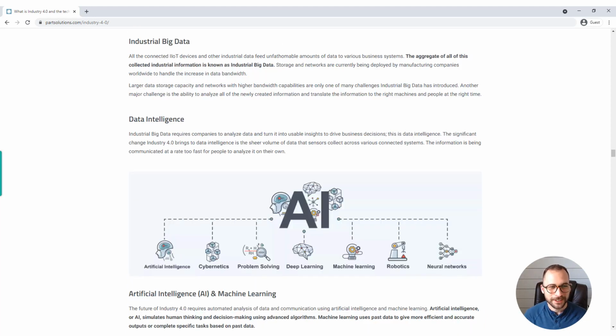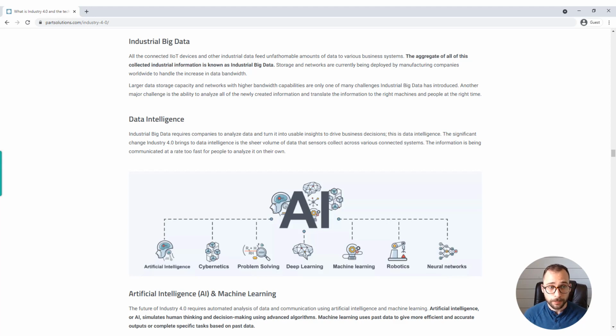Industrial big data. All the connected IIoT devices and other industrial data feed unfathomable amounts of data to various business systems. The aggregate of all of this collected industrial information is known as industrial big data. Storage and networks are currently being deployed by manufacturing companies worldwide to handle the increase in data bandwidth.